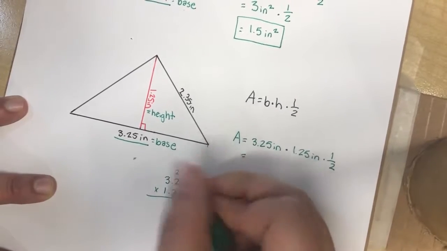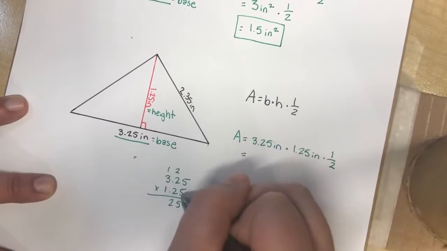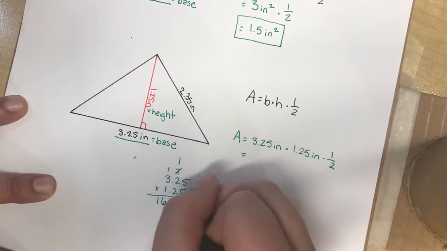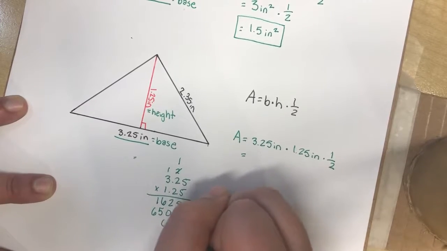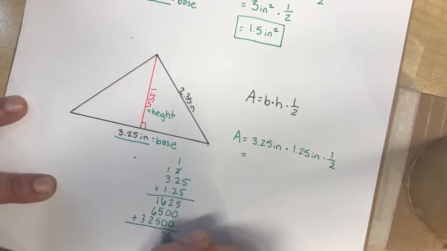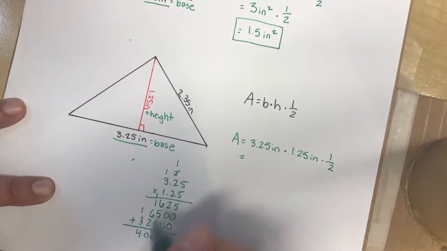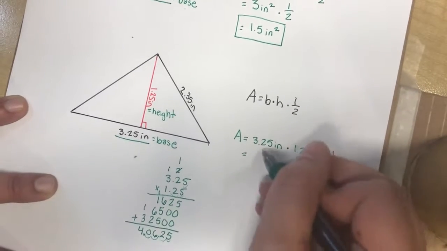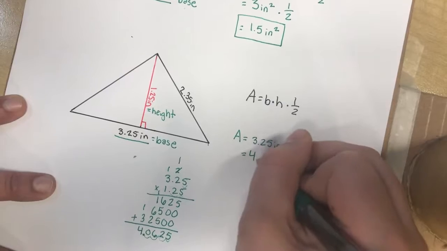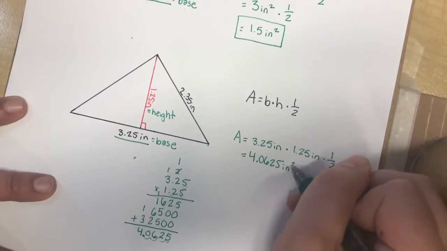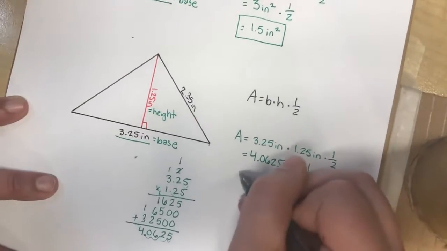So 3.25 times 1.25 is 4.0625. Inches times inches is inches squared times 1/2.